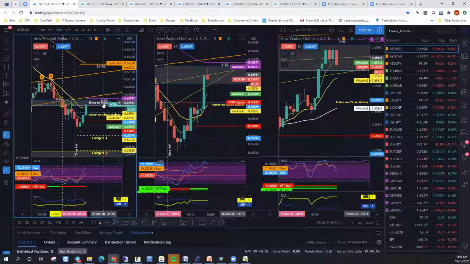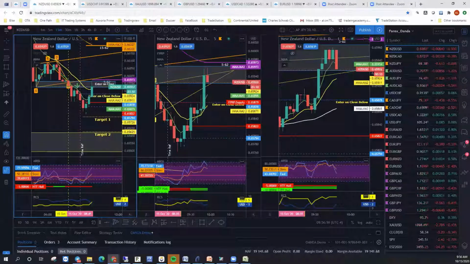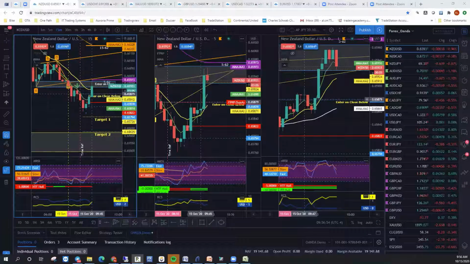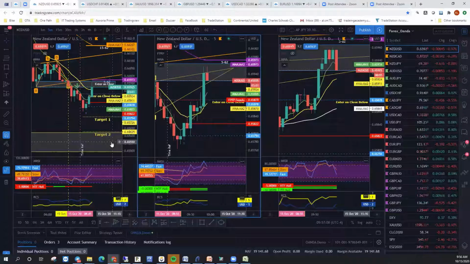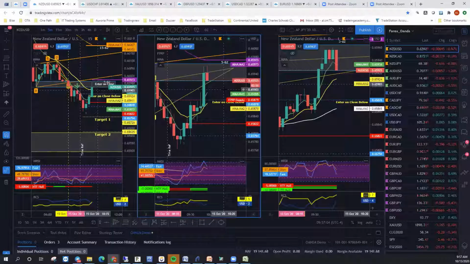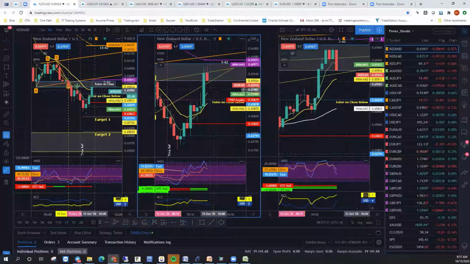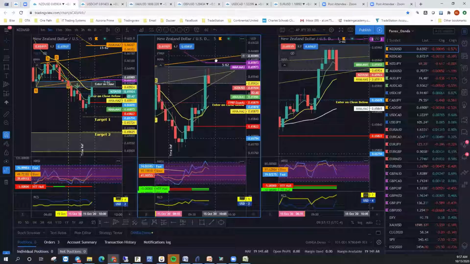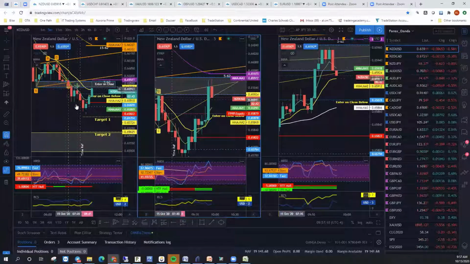Came right up into this enter to close zone where it broke out the first time. Looks like it might tag the 62. And that's basically the bottom of this initial wedge where we had the alert.